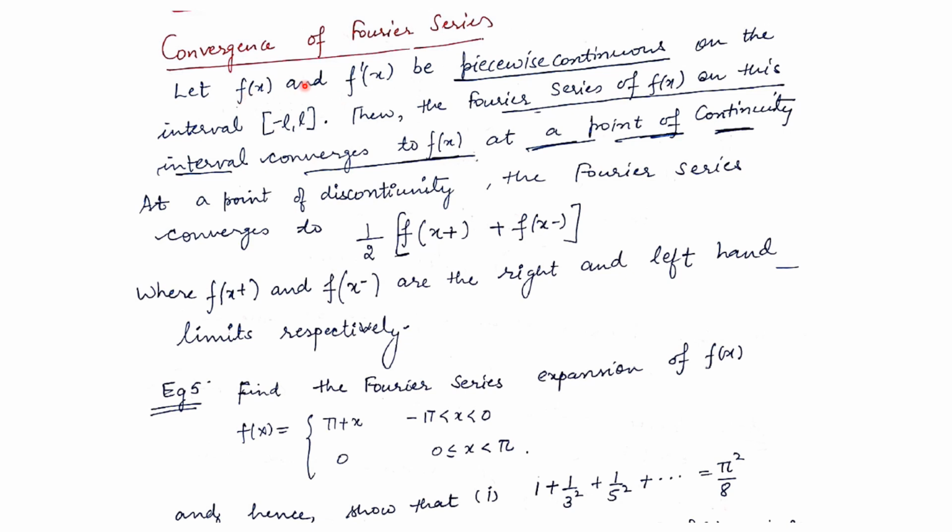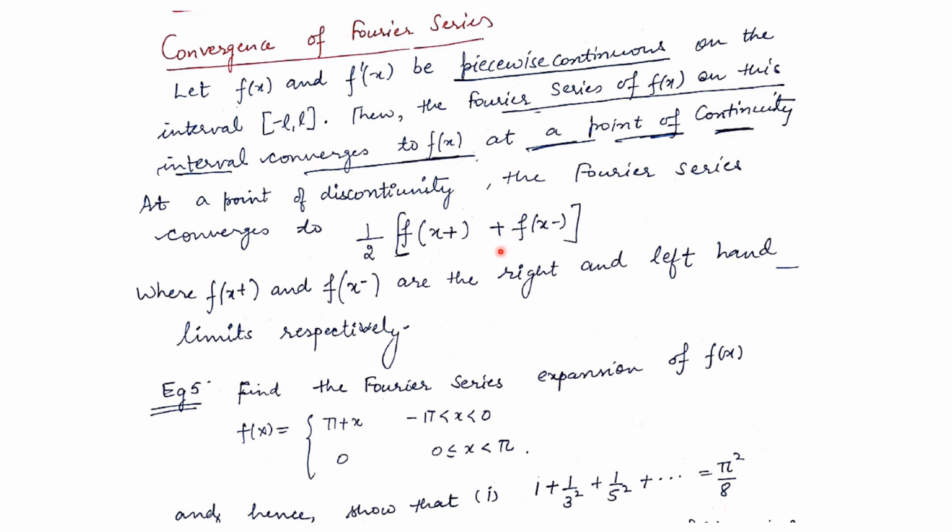So let f(x) and f dash x be piecewise continuous on the interval minus L to L. Then the Fourier series of the function f(x) on this interval converges to the same f(x) at a point of continuity, and at a point of discontinuity the Fourier series converges to half of the left limit of the function plus the right limit of the function.